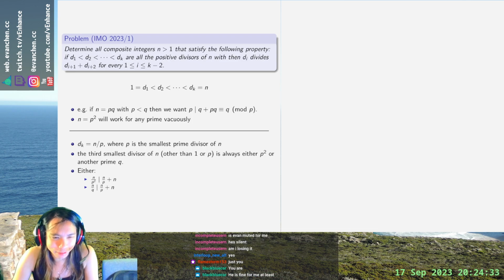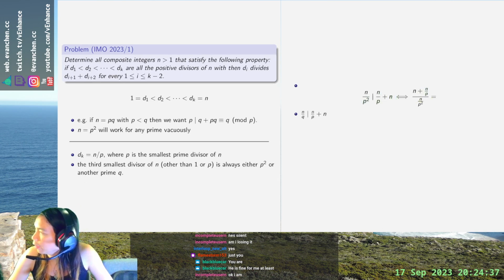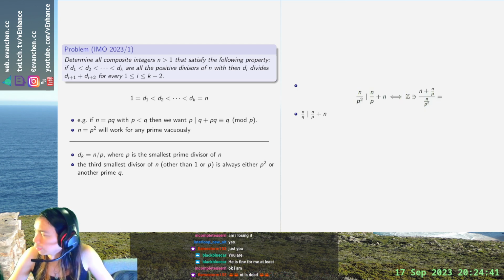It's really annoying with all these fractions, so I'm just going to write thing over thing. This is supposed to be an integer. It's rare that I use divisibility the way it's supposed to look. Wait, why did I think this was bad? This is fine, right? This is always true.